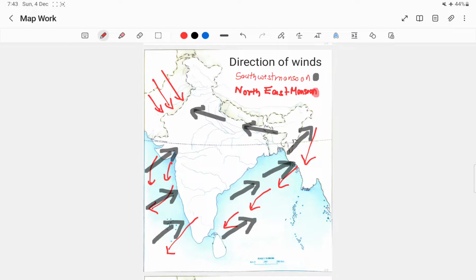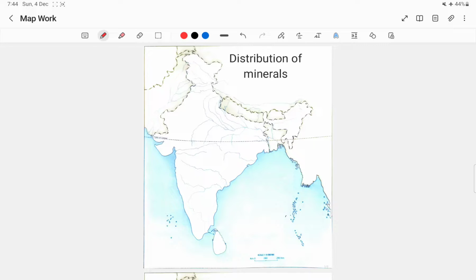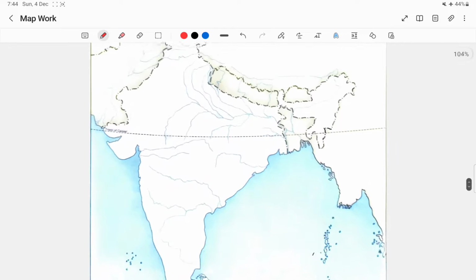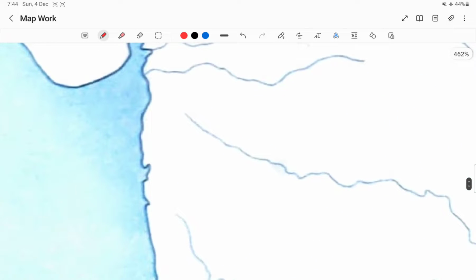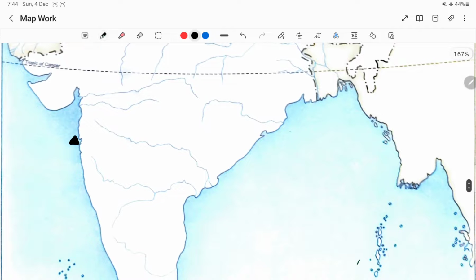Now after this, our next topic will be distribution of minerals. In minerals, we only need to mark 3 points which are there in your ICSE syllabus. First is for the oil, and that is an offshore oil field which is Mumbai High, and it's very easy to spot Mumbai. As you can see this kink over here, we will use this kink for marking the offshore oil field, that is the Mumbai High.